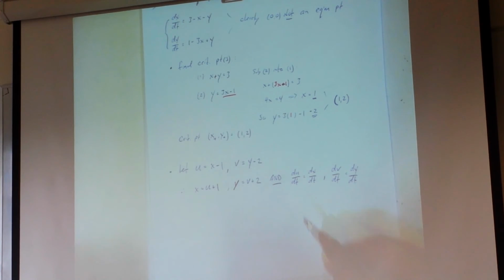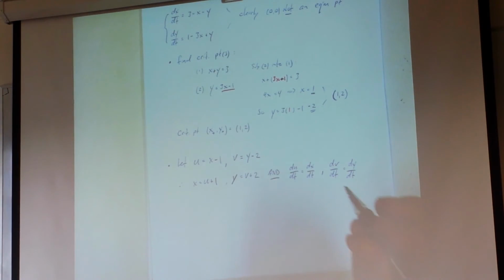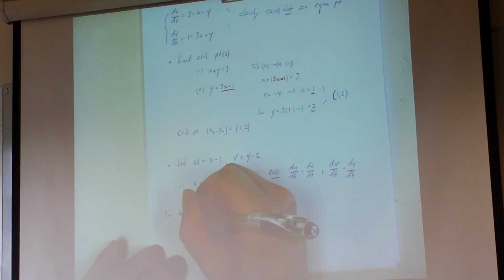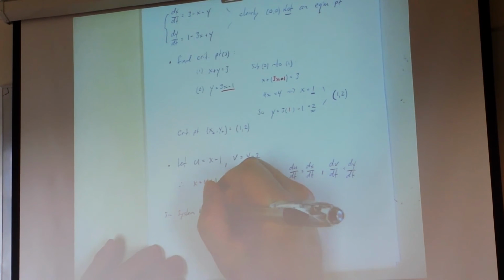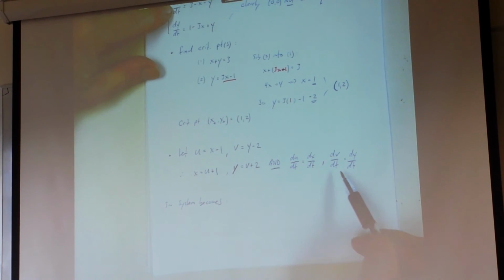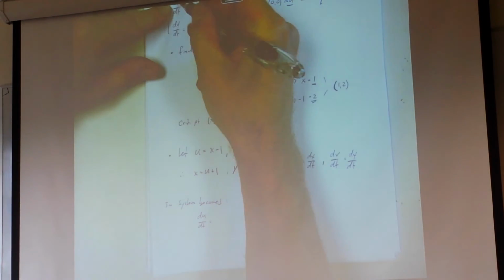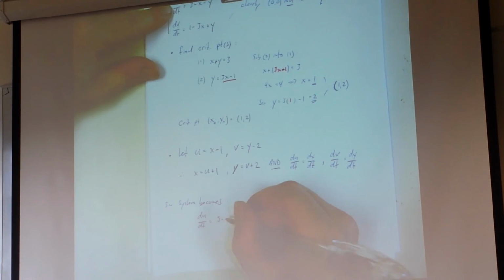All right, so substitute that into the original. Instead of dx dt, I can write du dt equals 3 minus x, but x is u plus 1, minus y. y is v plus 2.